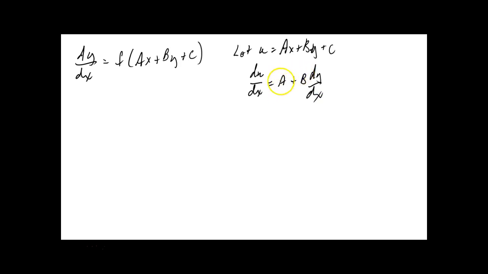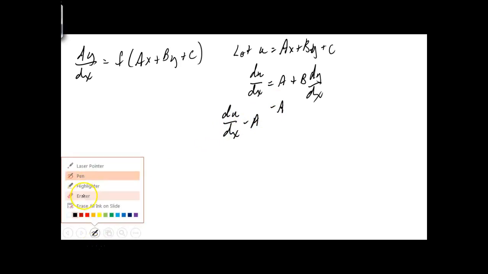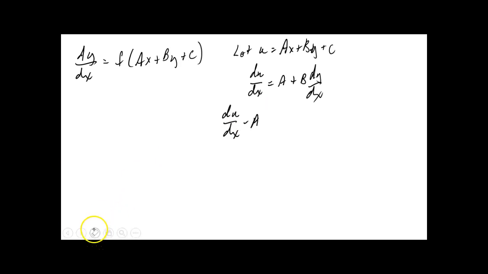So for dy/dx, let's subtract a from both sides: du/dx minus a is equal to b dy/dx.